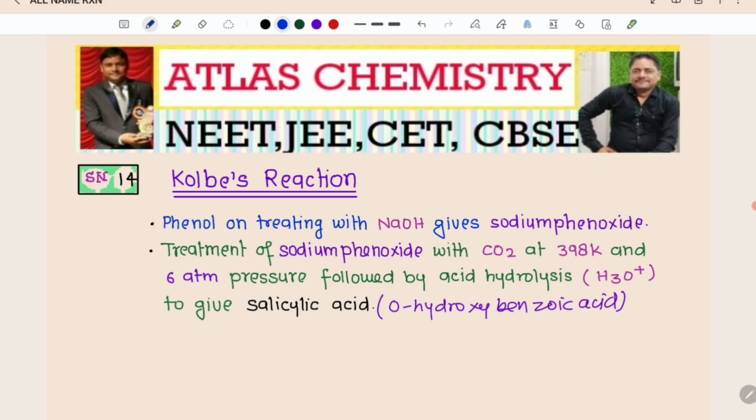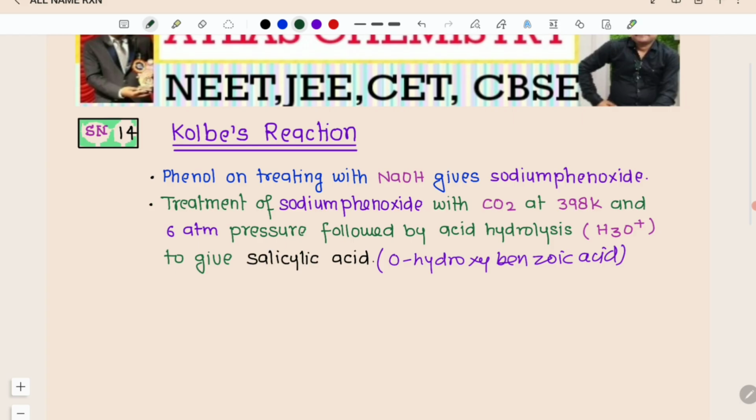In this reaction, phenol is treated with sodium hydroxide, which gives sodium phenoxide. This sodium phenoxide, on treating with carbon dioxide at 398 Kelvin and 6 atmospheric pressure, followed by acid hydrolysis, gives salicylic acid. We have to see how the reaction takes place.